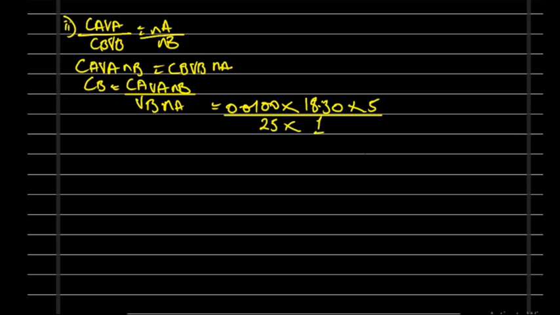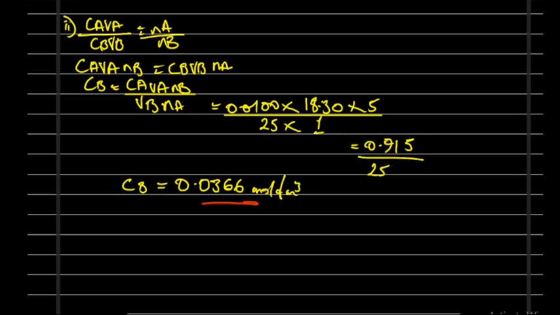So our answer there is 0.195 divided by 25. That gives us our CB, our concentration of base, to be 0.0366 moles per dm cube. That is the answer in moles per dm cube.